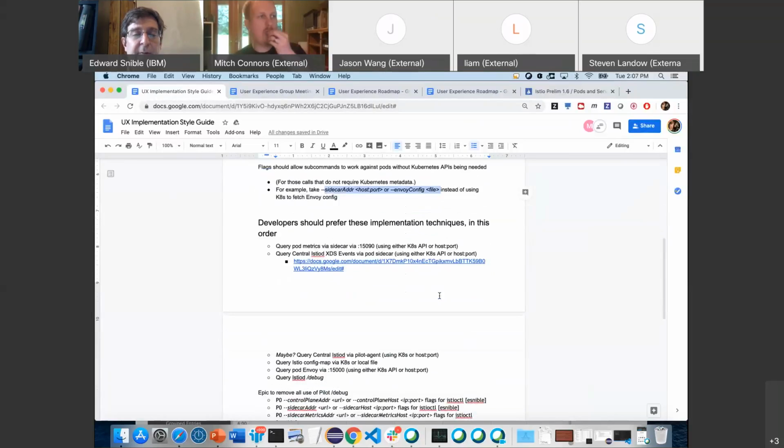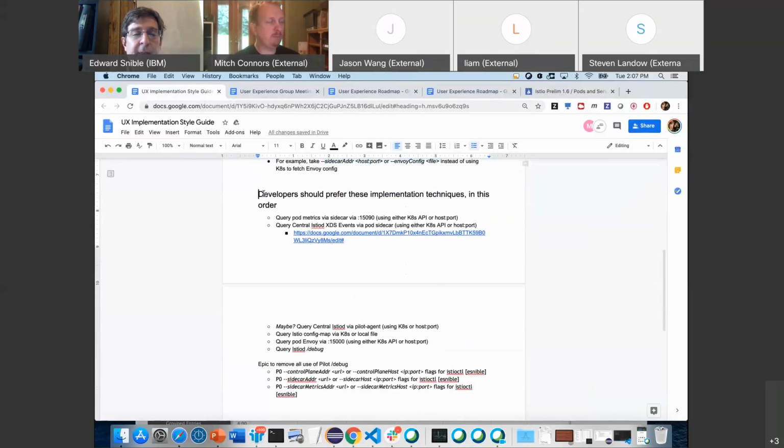The other thing that I had never heard him press hard on before was that we should not just be letting our commands stay the way they are, but we should be making them less coupled with the implementation. So the suggestion was, instead of going to these debug APIs and expecting the debug APIs to continue being supported by Pilot, and then we have trouble if they stop supporting something, we should follow these things, which are maybe more stable.